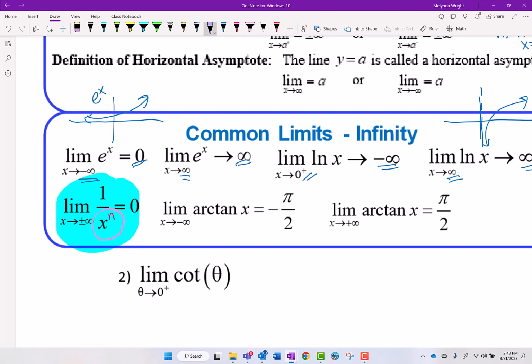It's going to get larger and larger. So therefore, the fraction itself is going to get smaller and smaller, and it's going to tend to 0. That is a really big concept for us. Okay, when we're doing limits to infinity, this one that I've highlighted is a big deal. So a lot of limits use that concept.